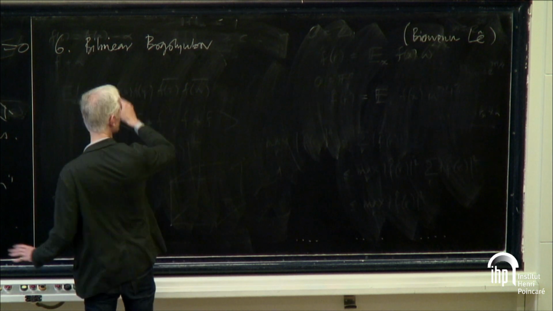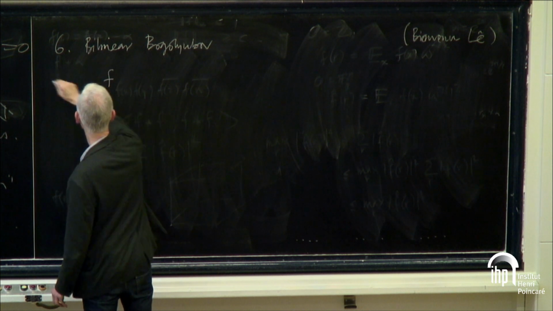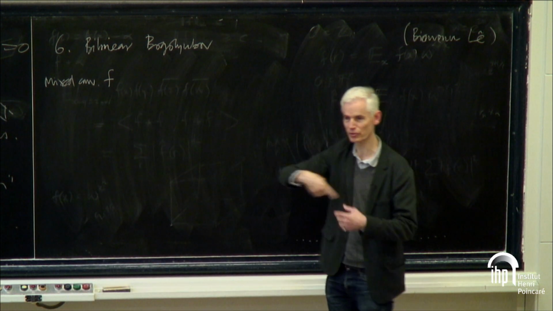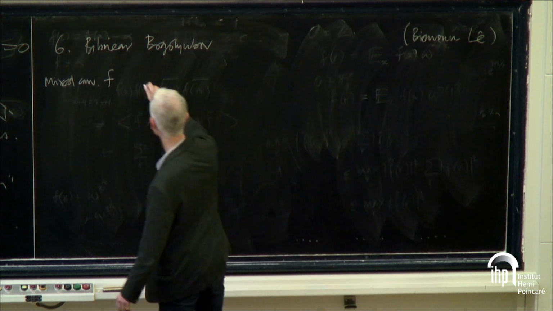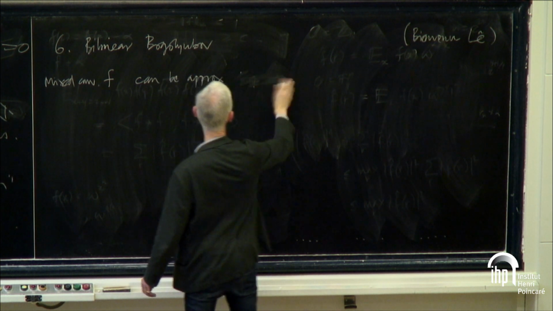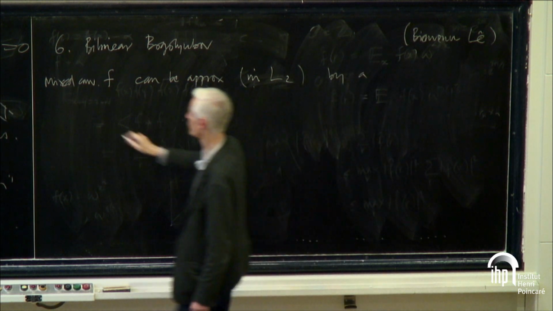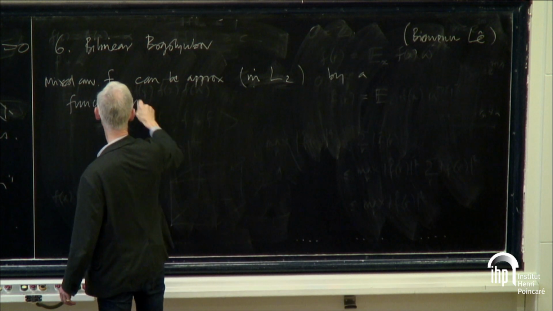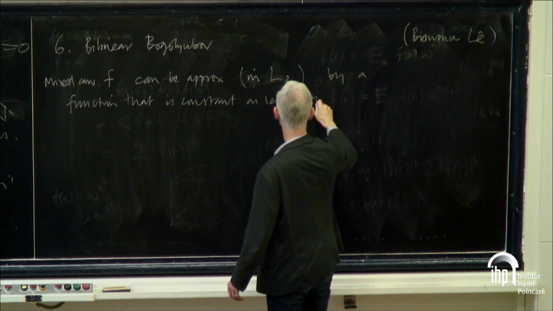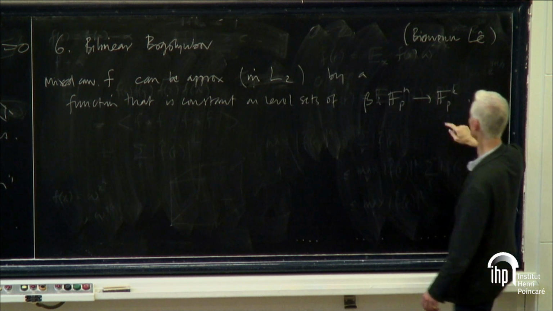And roughly the structure is this. If you've got a function and you take its mixed convolution, so you convolve with respect to one variable, then convolve with respect to the other variable, it can be approximated in L2, that's for the purists, by a function that is constant on level sets of some bilinear function from F_p^n to F_p^k, where k is small.